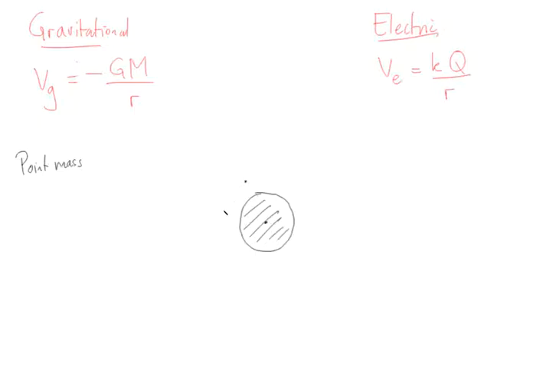But if I go around here, at the same distance from the centre, this point also has the same potential. And this point has the same potential, and this point, and this point. It actually turns out that if you were to join up all the points around the point mass which have the same potential, then it makes up a circle.